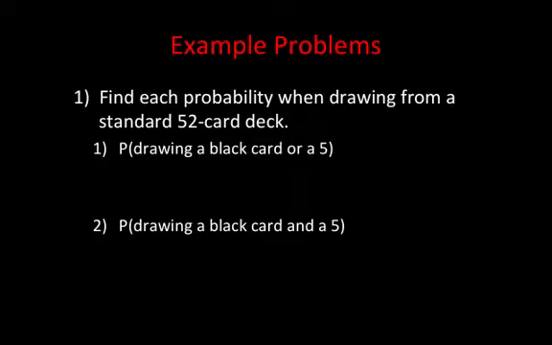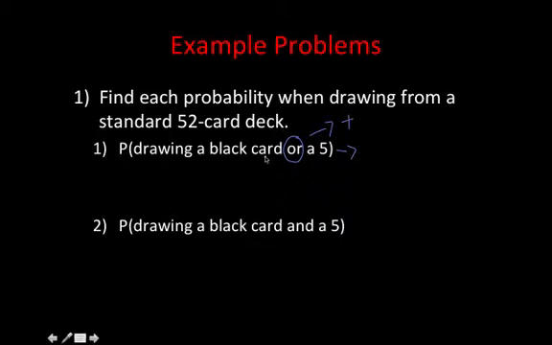So some example problems. Say we wanted to find each probability when drawing from a standard 52 card deck. I wanted to find the probability of drawing a black card or a 5. Well, first of all, we need to think, is this mutually exclusive or not?